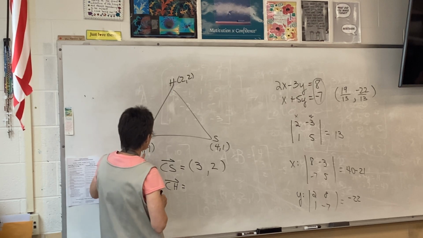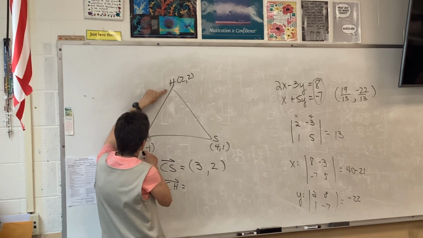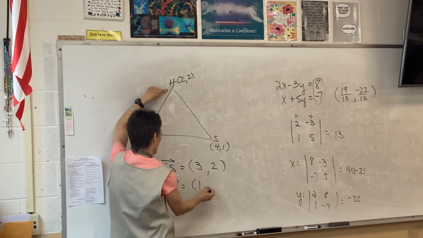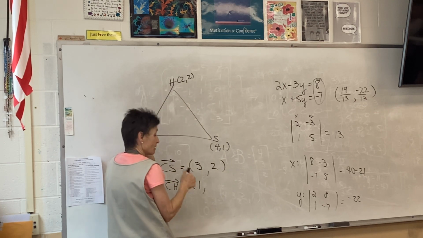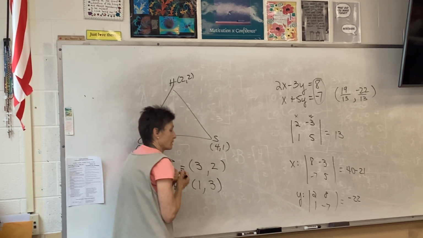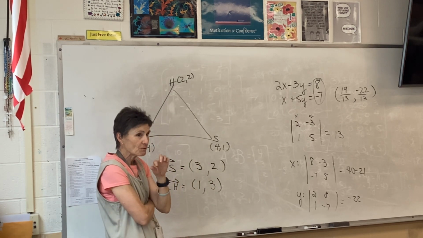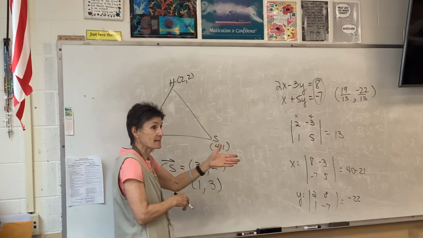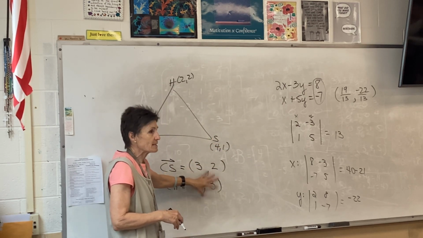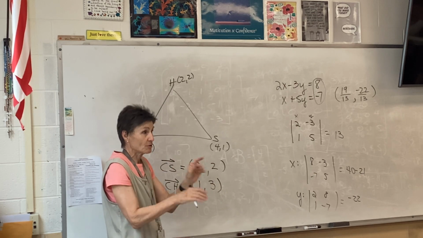Now, what about from C to H? 1 to 2 is 1. And negative 1 to 2 is 3. If you picked a different point, if you did HC and HS, for example, you're not going to get these numbers. But ultimately, your answer will be the same.